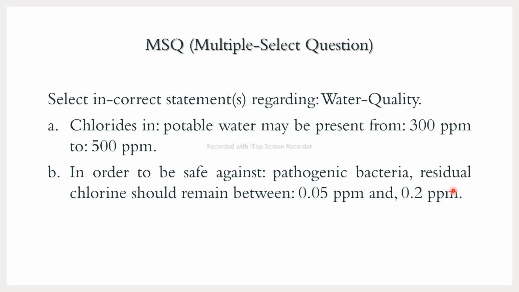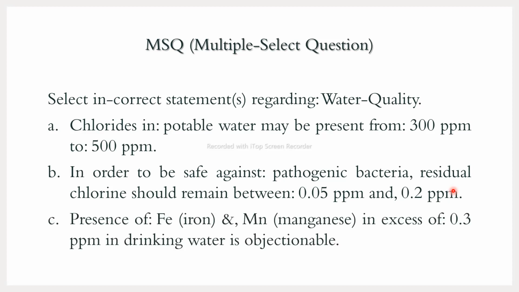Option B: in order to be safe against pathogenic bacteria, residual chlorine should remain between 0.05 ppm and 0.2 ppm. Option C: presence of iron and manganese in excess of 0.3 ppm in drinking water is objectionable. And option D: pH value for pure water is nearly 7.